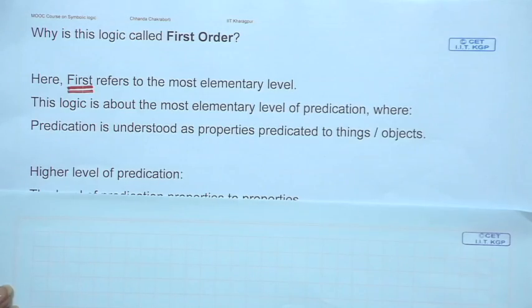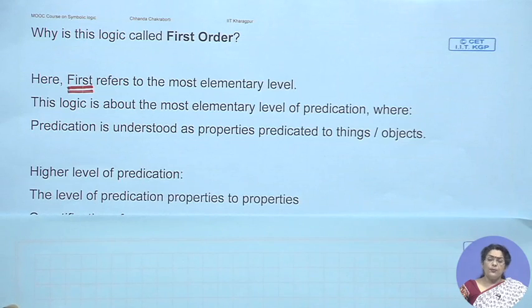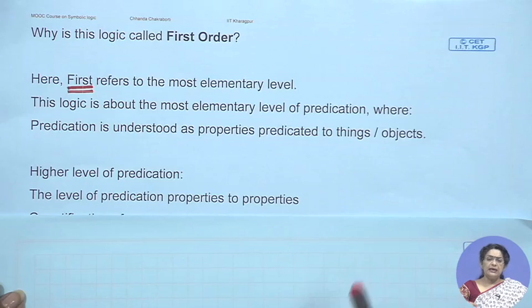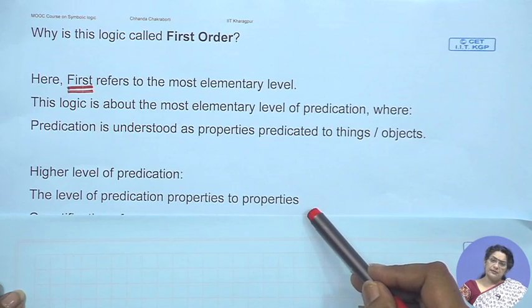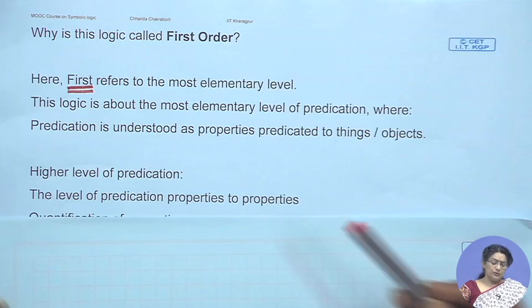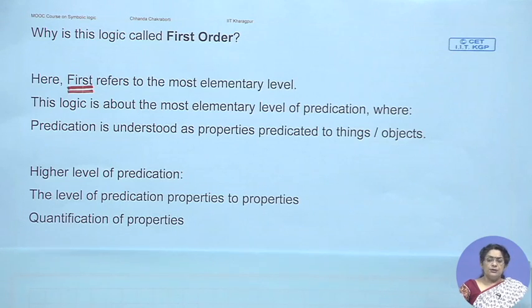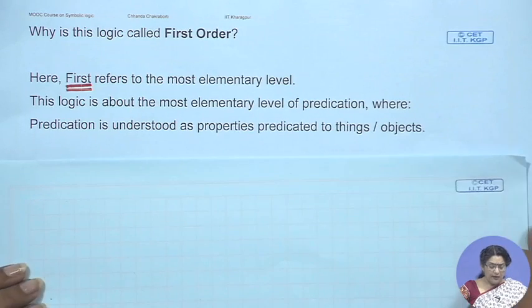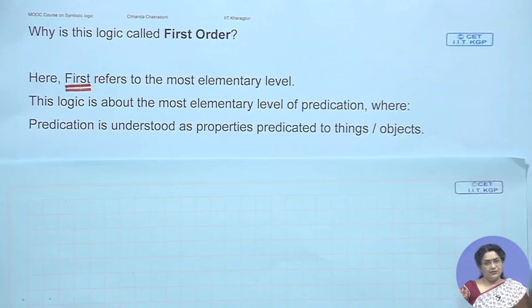Whereas, there can be higher level of predication where we speak about properties of properties, or properties of properties of properties. So, the order of predication most elementary is things and properties, but then it can go into more abstract level where even properties of properties can be talked about, their quantity can be talked about, and so on. So, this is not our concern. We are here and we are into first order predicate logic, all right.